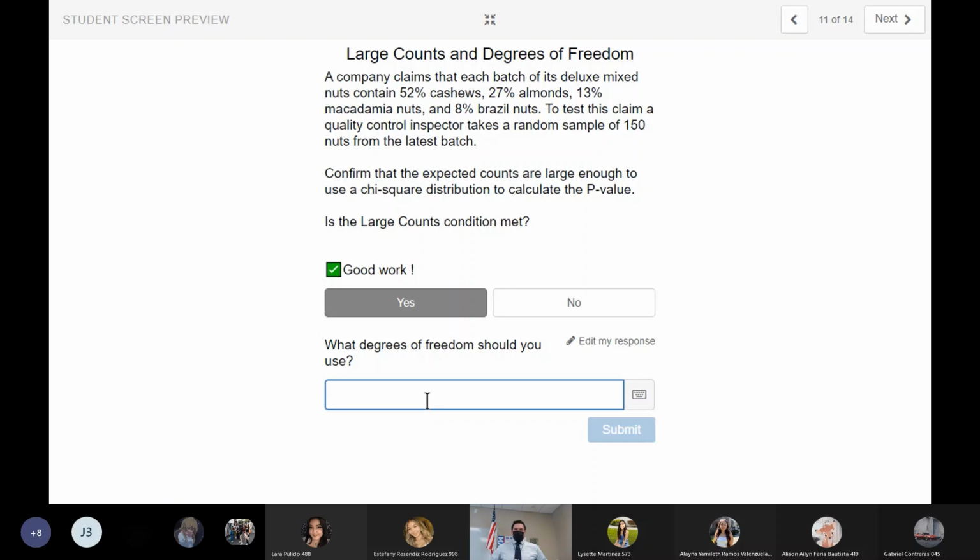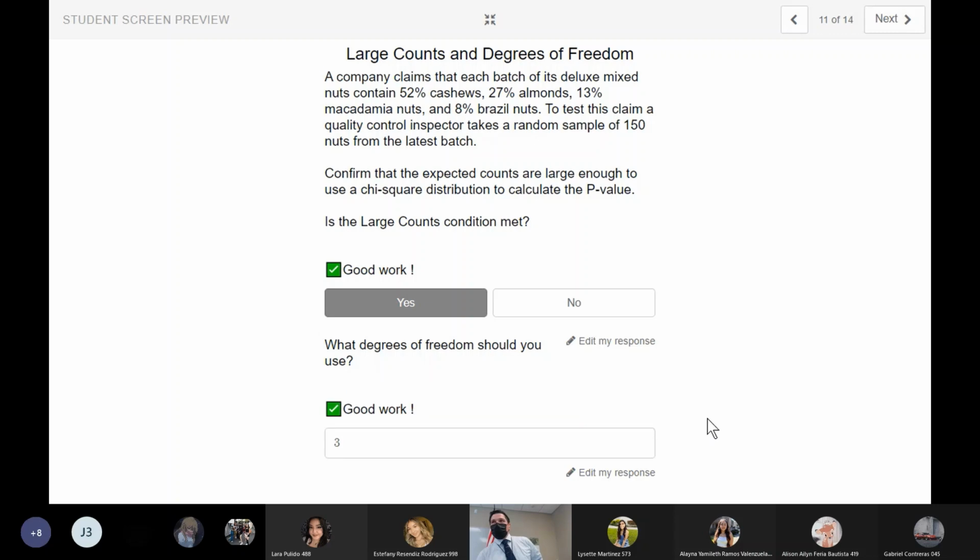Degrees of freedom for a chi-square test for goodness of fit is the number of categories minus 1, which means we have degrees of freedom equaling 3. Is there anything I can clarify about our large counts and degrees of freedom?